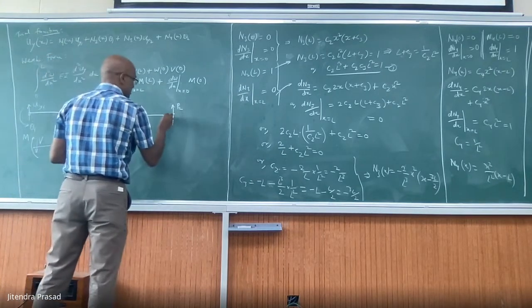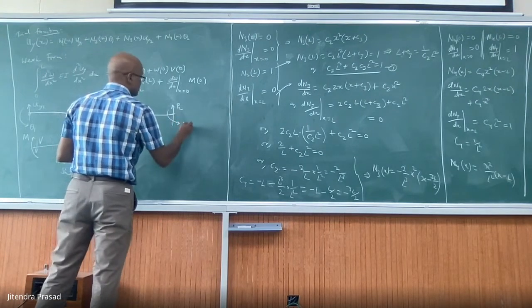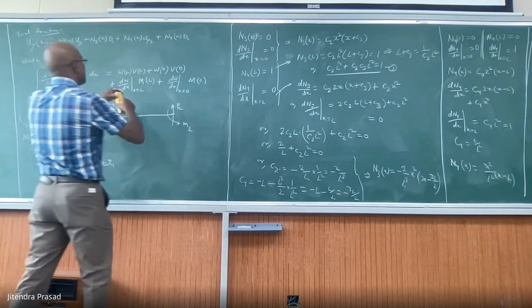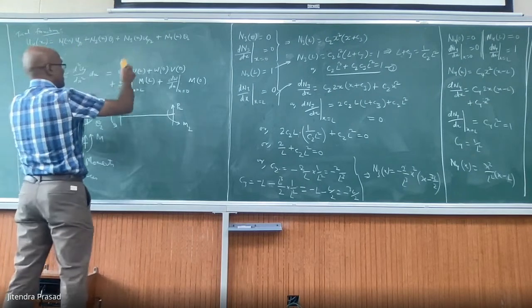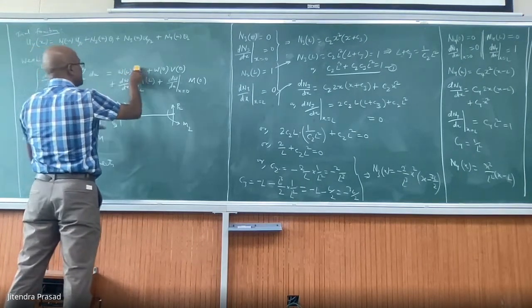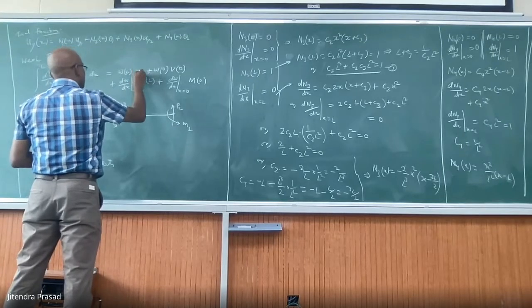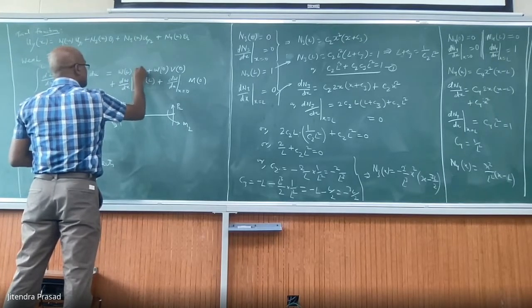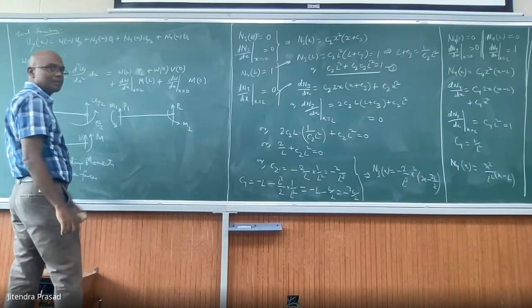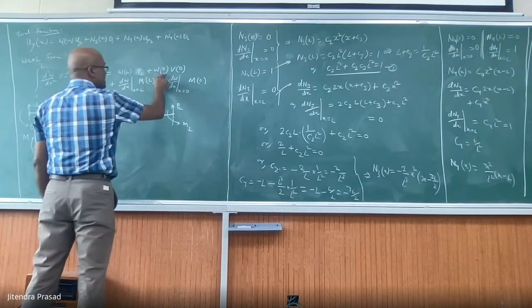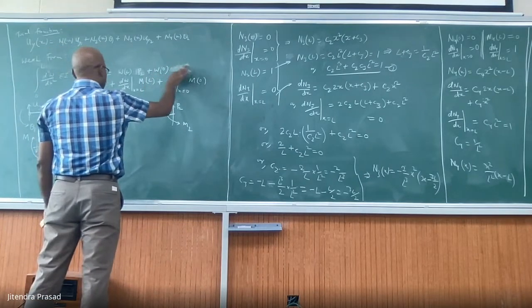This is also anti-clockwise here. What we mean here is this V at L multiplied by E at L. We are talking about P2, and W at 0 we are talking about P1.